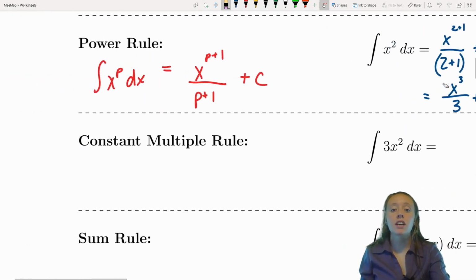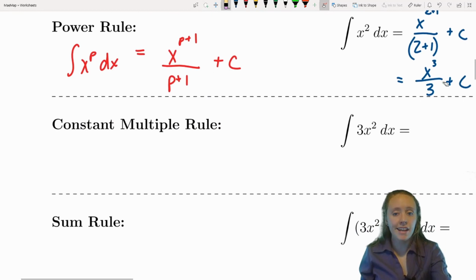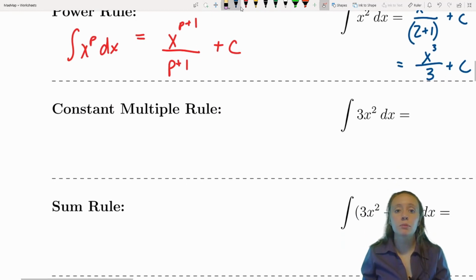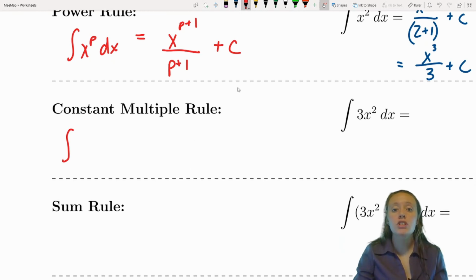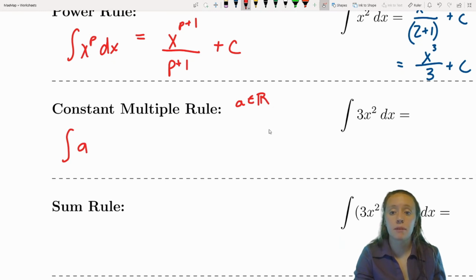Let's move on to the constant multiple rule for integration. Now the constant multiple rule for integration is going to be the integral of some constant times our function, which, so I don't confuse you with a c, I'm going to make this constant a. So a, I'm going to make a note, is in the real numbers.